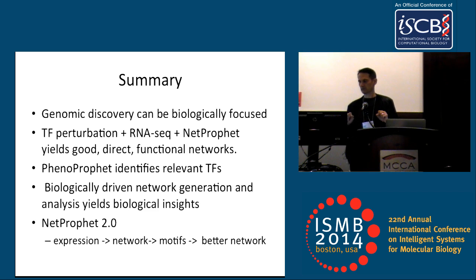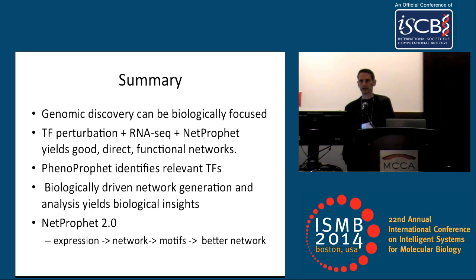TF perturbation plus RNA-seq plus net profit together yield good direct functional networks. And phenoprofit is able to effectively identify TFs that are relevant to a biological process of interest. Only if you can do that can you actually generate the focused data set. Biologically driven network generation and analysis yield biological insights.